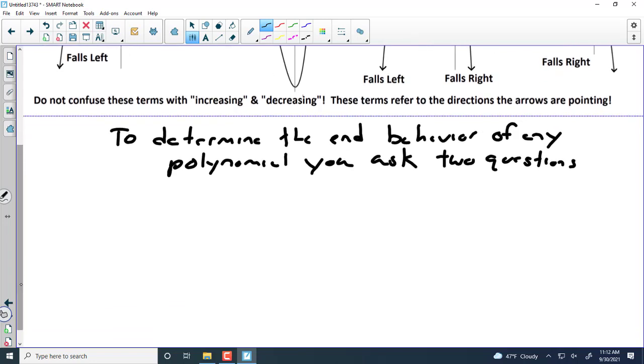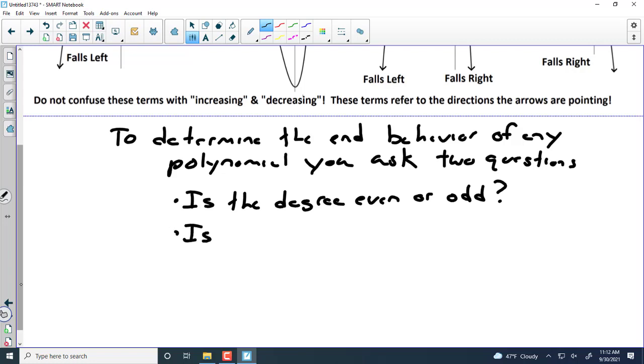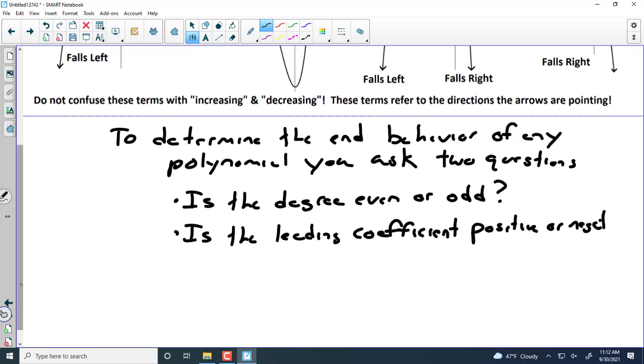And the 2 questions are this. Is the degree even or odd? Is the leading coefficient positive or negative?